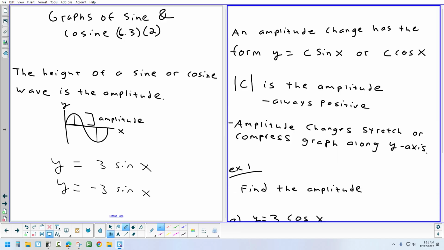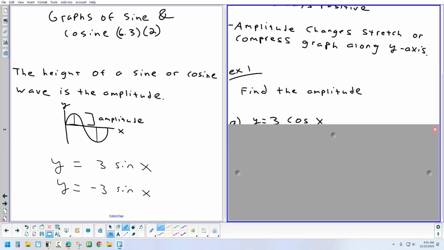Okay, so amplitude change is going to stretch or compress the graph vertically. The name we're used to using is vertical stretch. What would be the amplitude of 3 cosine x?